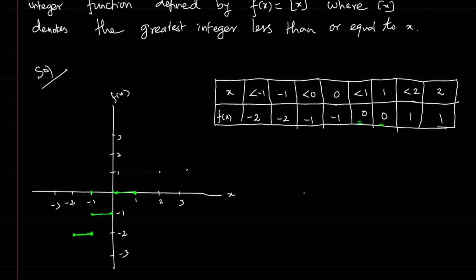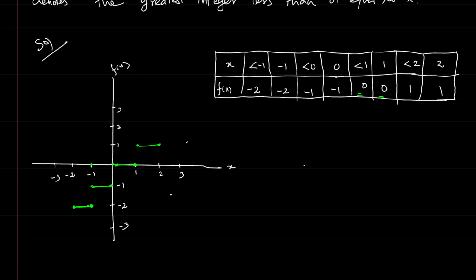Similarly, for 2 and values less than 2, which are not equal to 2, the function value will be 1. Clear? This is the graph of the function. So it is very clear that the function is discontinuous at the integer values. At the integer value it is getting discontinuous.